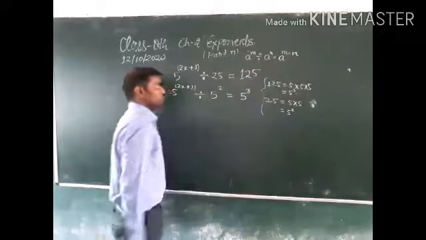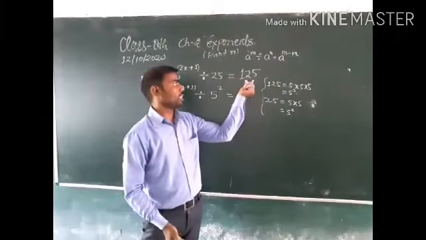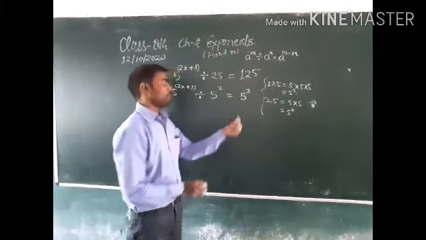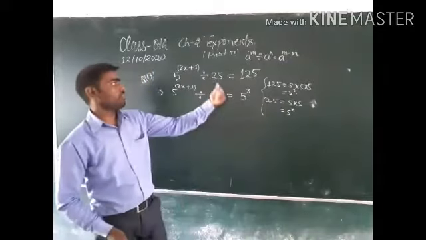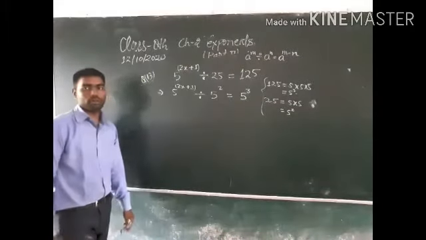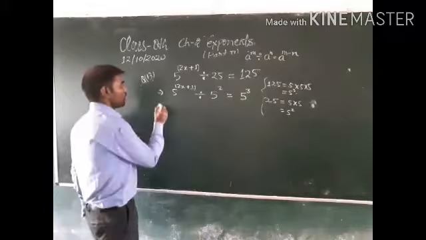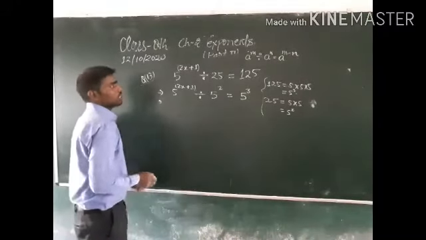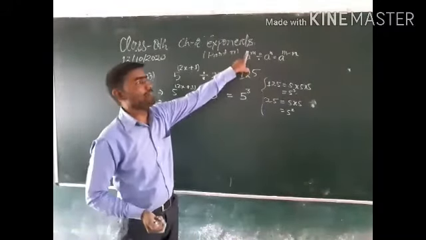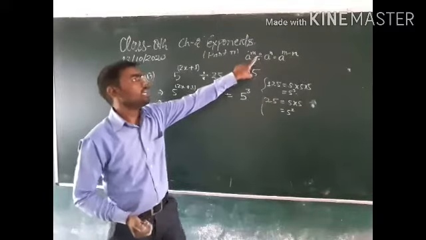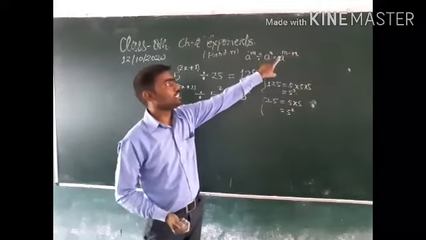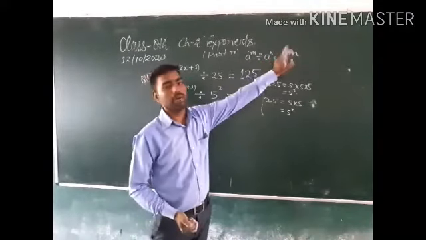So we use this expression: 125 is equal to 5 to the power 3, and 25 can be written in the form 5 to the power 3. Now we use the formula: a to the power m divided by a to the power n is equal to a to the power m minus n.